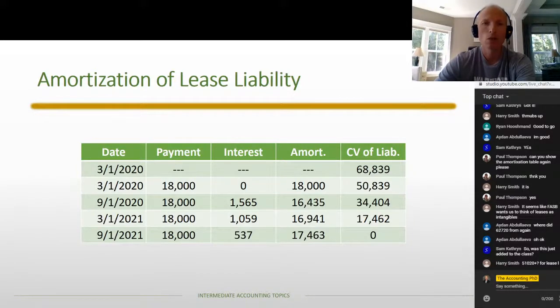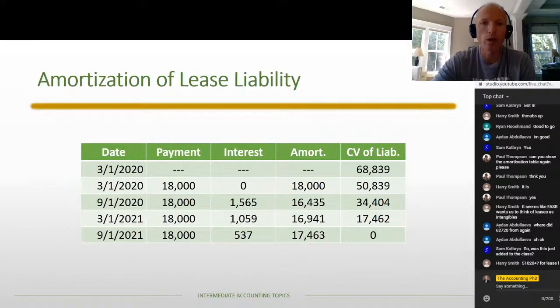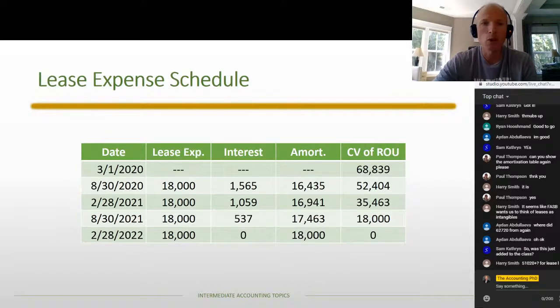payments. With the lease expense schedule, notice that the dates are a little bit different, but very, very similar. The first date is September 30th, 2020, which is the day before September 1st, 2020. So the third row in the lease liability table coincides with the second row in the lease expense schedule because those two dates match up.